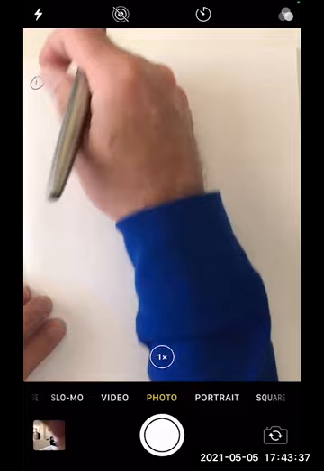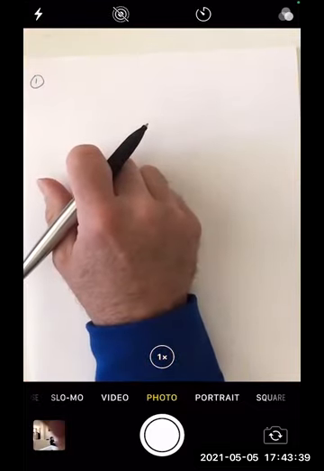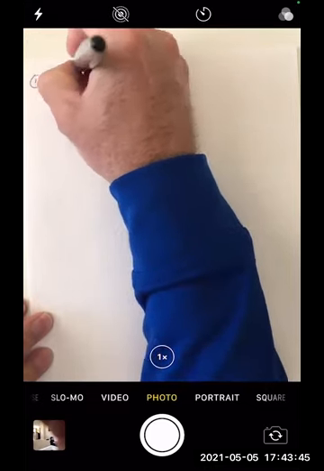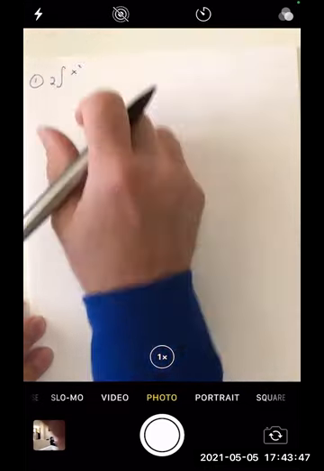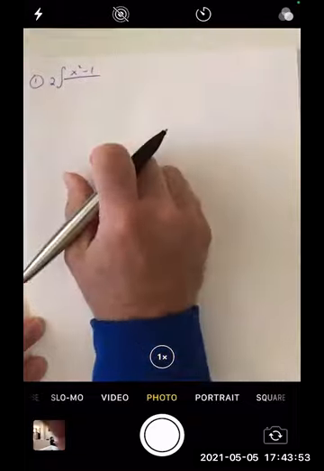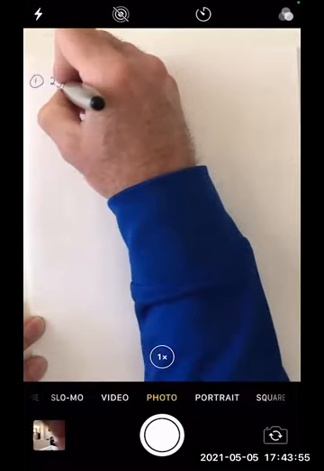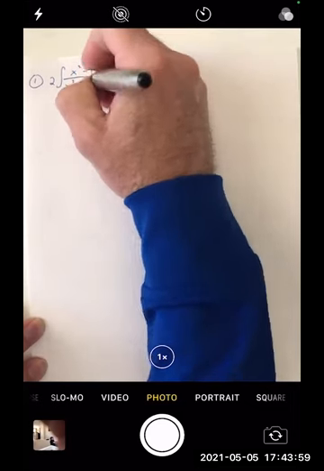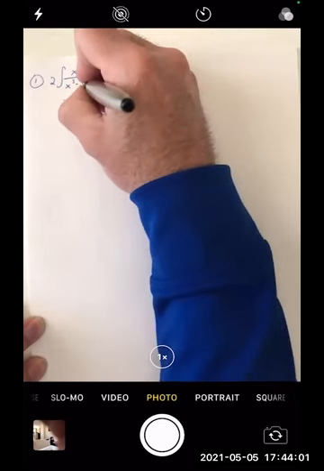So with that one, I would pull the 2 out. So it'd be x squared minus 1 on top, and the denominator is still the same, x cubed minus 3x plus 4.